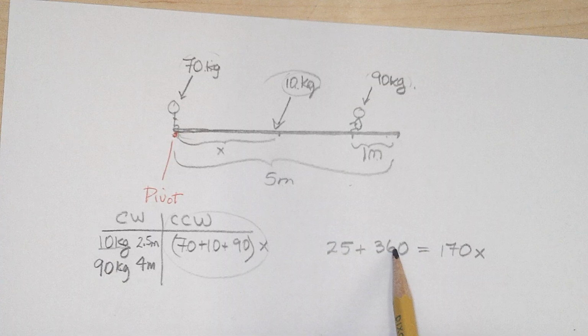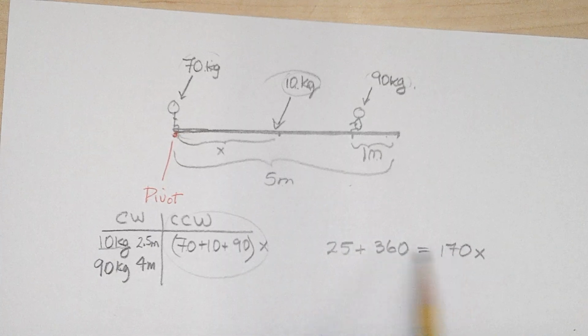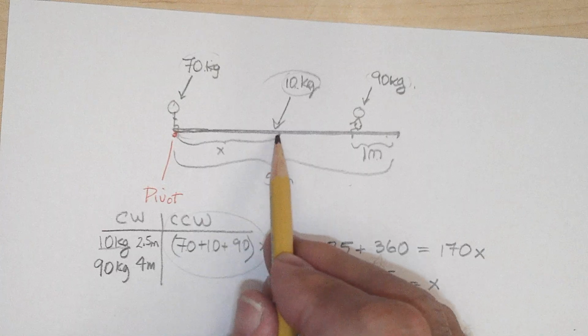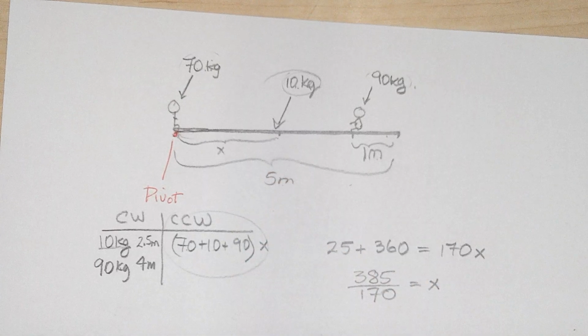So if I take 385 divided by 170, that should equal where this balance point is, the center of mass, since we're only dealing with masses. If I multiplied everything by 9.8, I'd be finding the center of gravity.